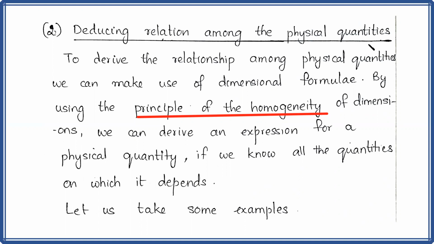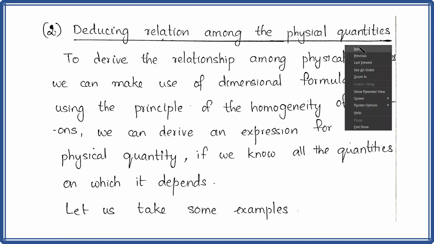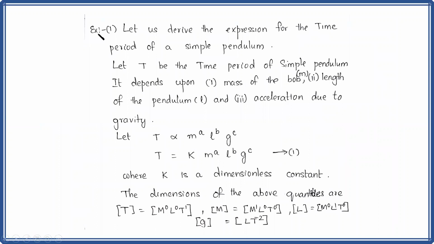So let us take some examples and then we will discuss that. Once we take some examples, then only we can understand better. So let's take one example. Let us derive the expression for the time period of a simple pendulum. The same example I have used earlier for the first application, the same formula.